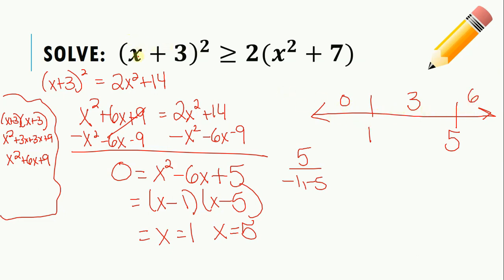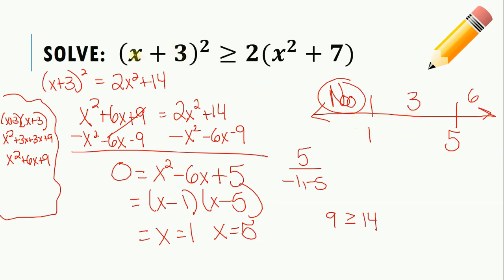Alright, plugging in 0. 0 plus 3, that's 3 squared, that's 9. Make a little notes down here. 9 is greater than or equal to 0 squared plus 7, that would be 7 times 2 is 14. 9 is greater than or equal to 14. No. No on that side.